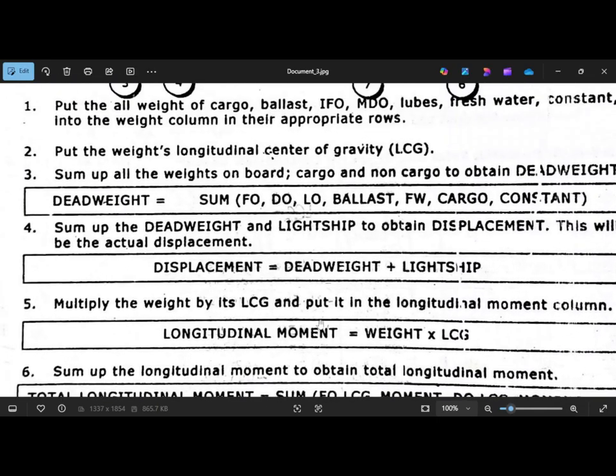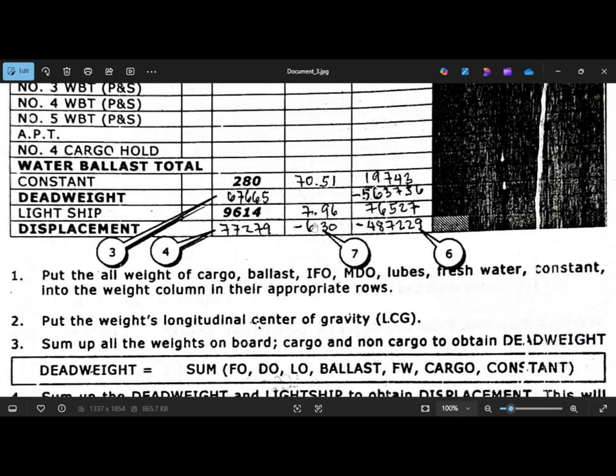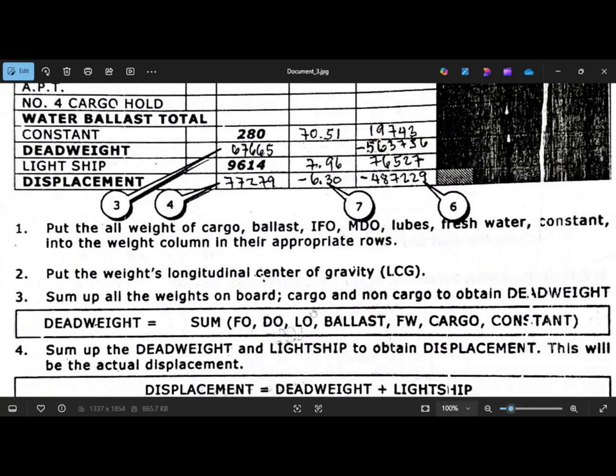So that is how you get your final LCG. You put your displacement under as the divisor, meaning negative 48,729 divided by 77,279, which is your displacement, and the result will be your final LCG of negative 6.30, which is in number 7.